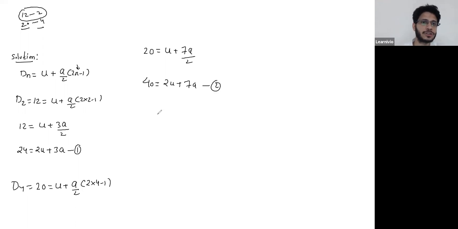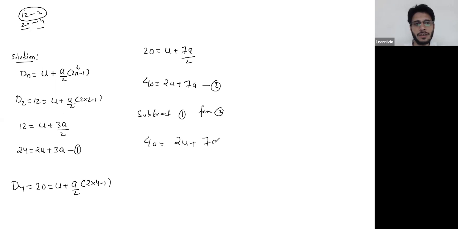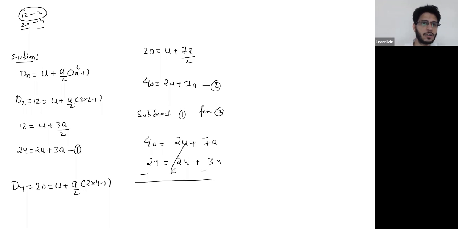That's my second equation. Just subtract 1 from 2. So 40 is 2u plus 7a, and here 24 is 2u plus 3a. Minus, minus, minus, 2u gets cancelled out.